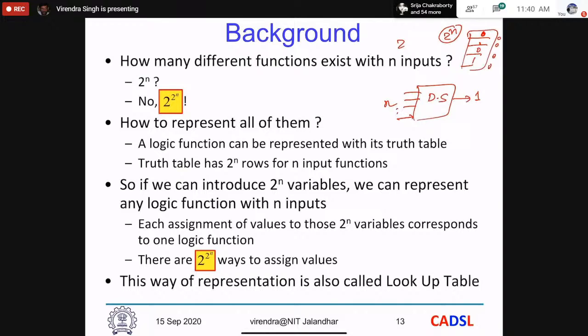So the total number of functions that we can represent is 2 raised to the power 2 raised to the power n. There are 2 raised to the power 2 raised to the power n ways to assign values to a function.